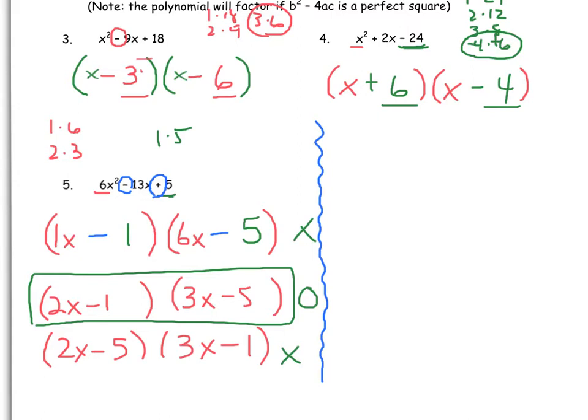So as I consider that polynomial again, the 6x squared minus the 13x and the plus 5, the method that many of you have done either freshman year or in advanced algebra is to take the product of your first coefficient and your constant term, and that gives us a positive 30.